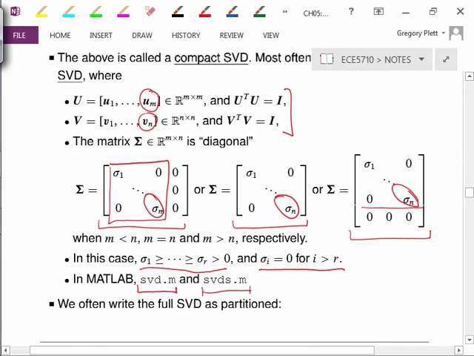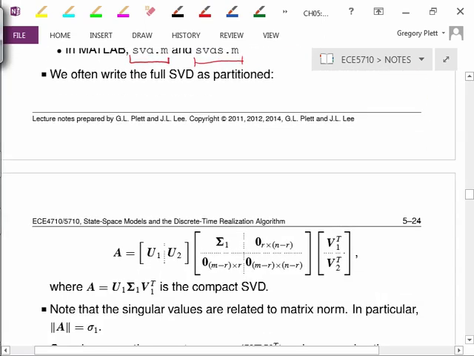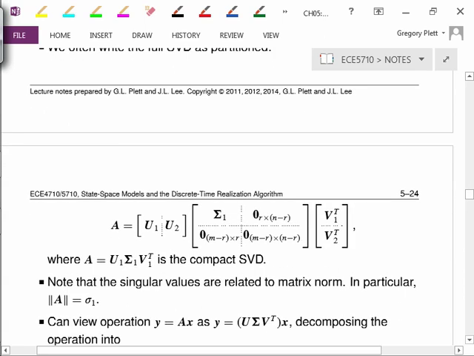If I were to write the full SVD in a partitioned form, I would get this: A equals U1 as a block matrix with U2 next to it, and then V1 transpose with V2 transpose underneath it, and then sigma 1 and a bunch of zeros in this matrix.